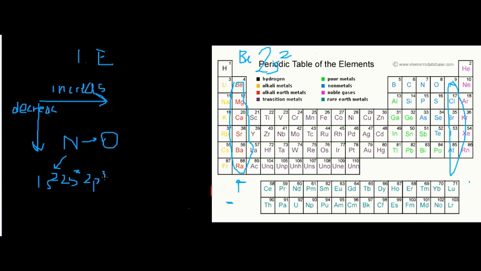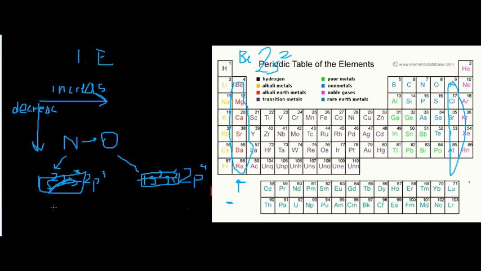And for oxygen it is 1s2, 2s2, and 2p4. So basically everything here is the same, so we could just ignore this, and we can analyze the outermost part.